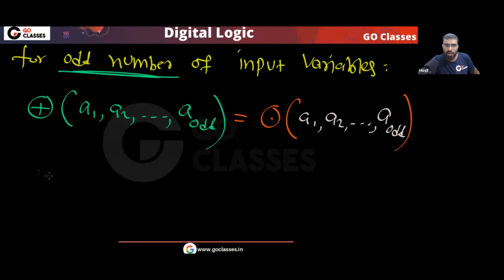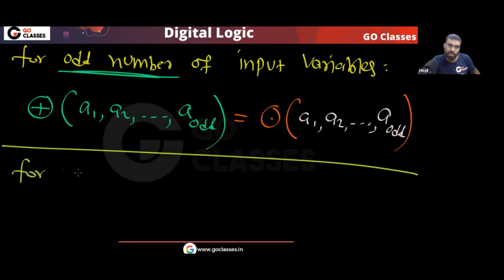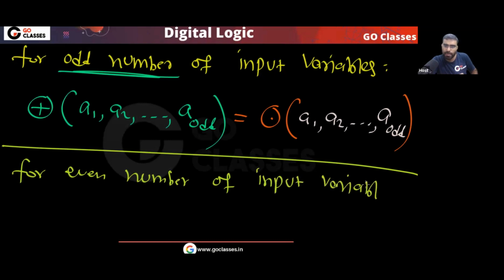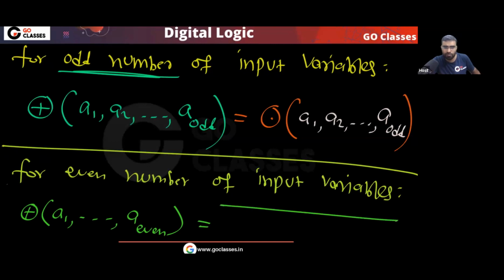Yes or no? And for an even number of input variables, what will happen? Tell me. For an even number of input variables, they will be complement of each other. If you do XOR, that will be complement of XNOR.